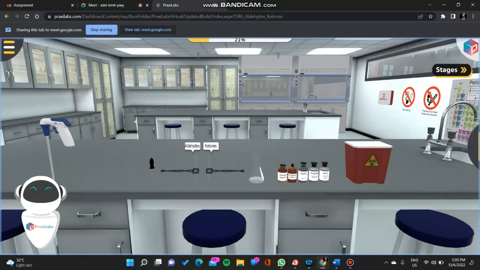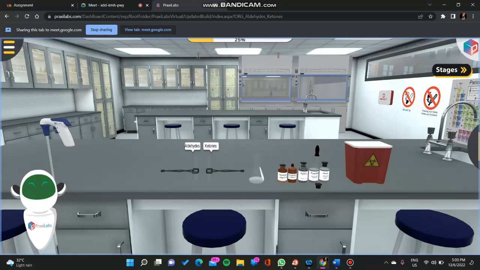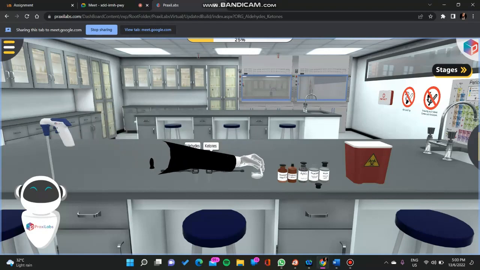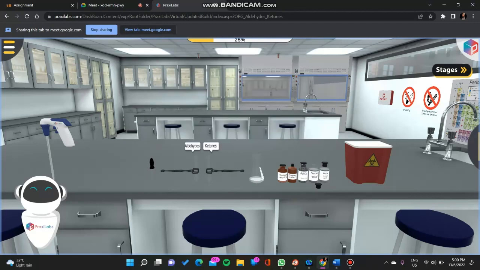We're going to add 3 drops of sodium hydroxide in each tube. The formation of brown-gray precipitate in the beaker.